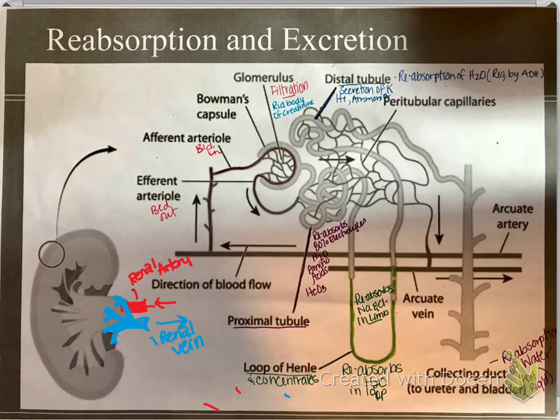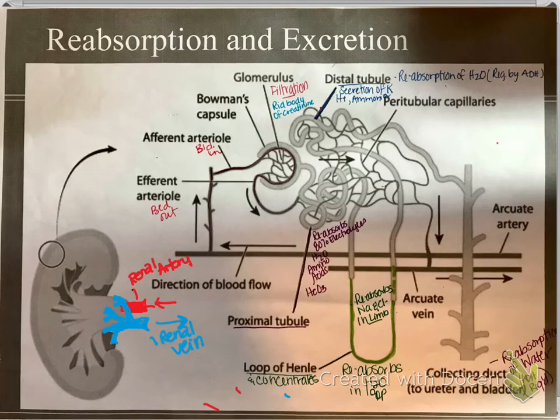Now, you see, this is blood, right? This is blood that's going through all this, and you've got all of these processes going on. Your distal tubule, where you have reabsorption of water and excretion of potassium, hydrogen ions and ammonia, and then you've got these tubular capillaries as well.